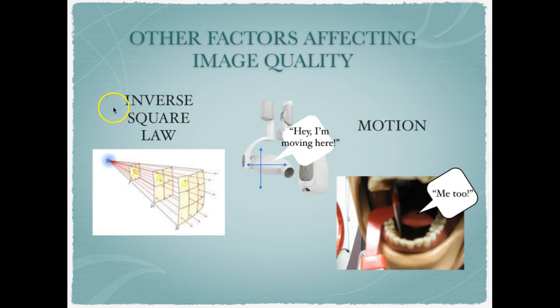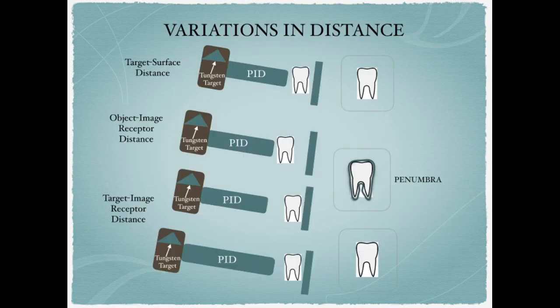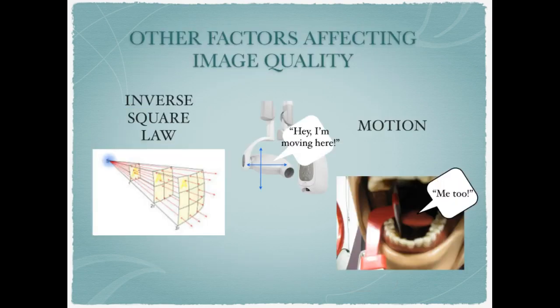Another factor, which relates to the target image receptor distance, uses something called the inverse square law. This is a physical law in physics, and it just states that the farther away your target source is, the more x-rays are needed.